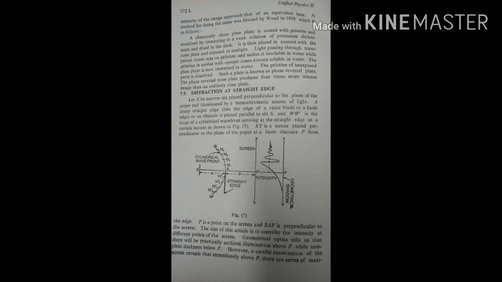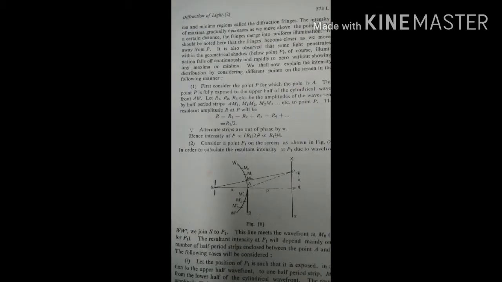It should be noted that the fringes become closer as we move away from P. It is also observed that some light penetrates within the geometrical shadow. Of course, illumination falls off continuously and rapidly to zero without showing any maxima or minima.